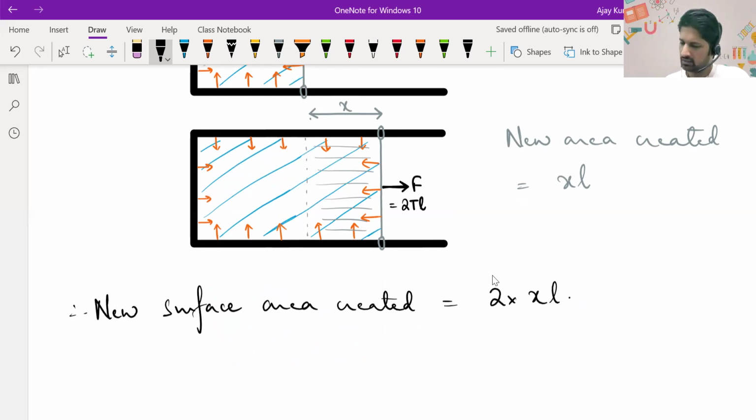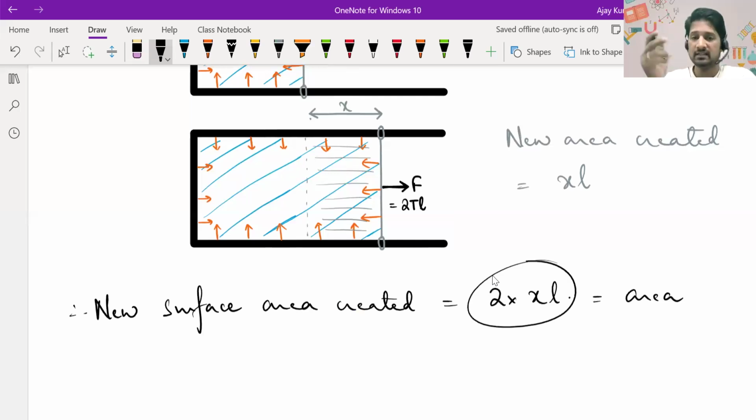Okay, so let's call this area. To create this area, what did we do? We pulled the wire aside by applying a force of 2TL. How much did we pull the wire? We pulled it by a distance x. When a force pulls an object by a certain distance, it will be doing work.